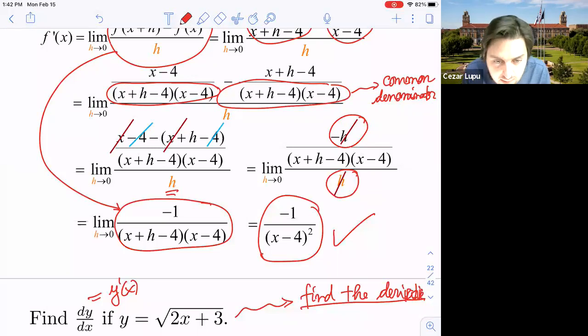So, 1 over, let me see, what is there? 1 over square root of what? Okay, all right, so it's 2x plus 3. Yes, with that, I agree. Yep.